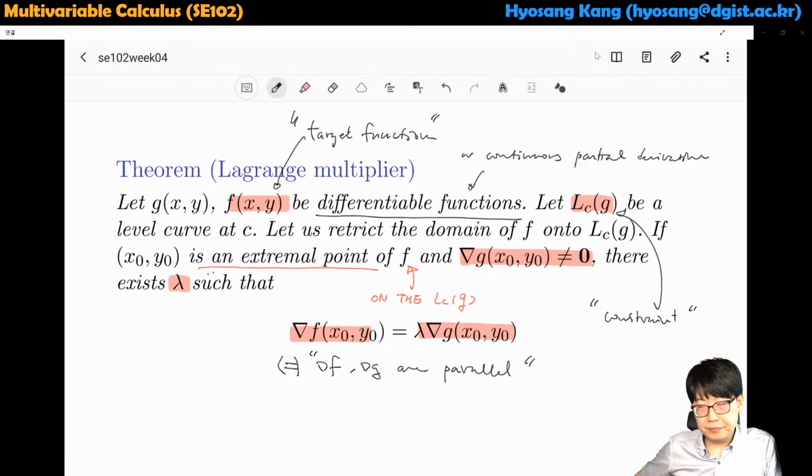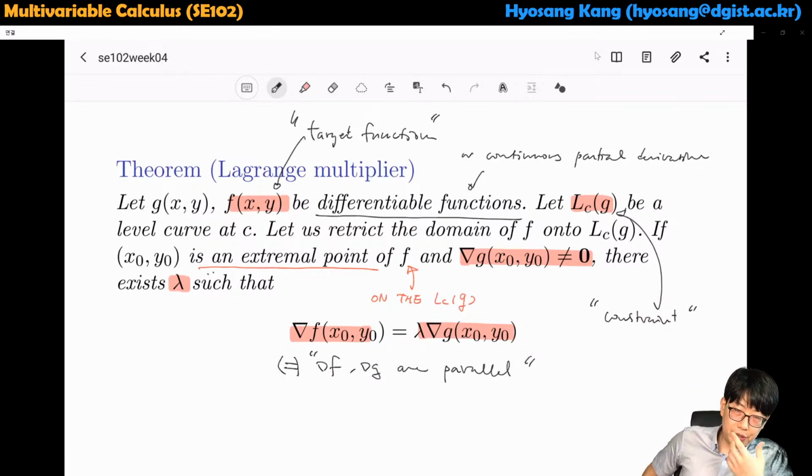So this is a theorem. This is not really a method. It just tells you why the Lagrange multiplier works. Let me explain the actual Lagrange multiplier method here.